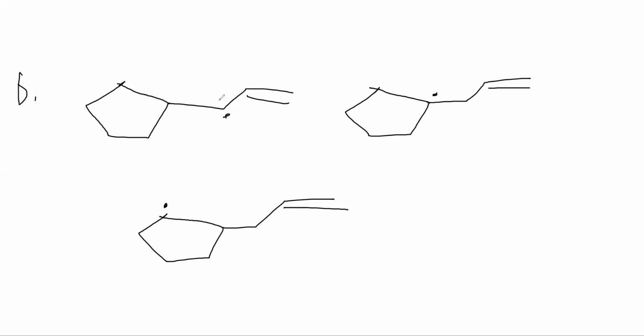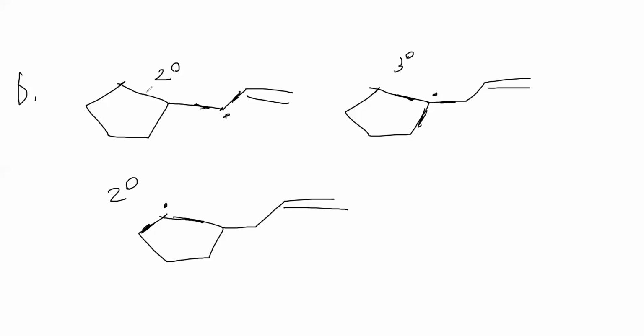So this first one, the carbon that the radical is on has 2 substituents here and here. So it's secondary. The second one has 3 substituents on the carbon of the radical, so it's tertiary. And then this one has 2 substituents, so it's secondary.